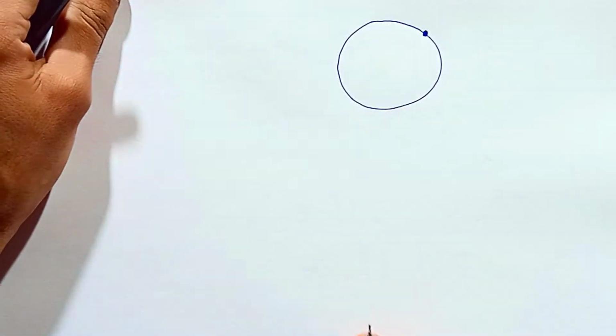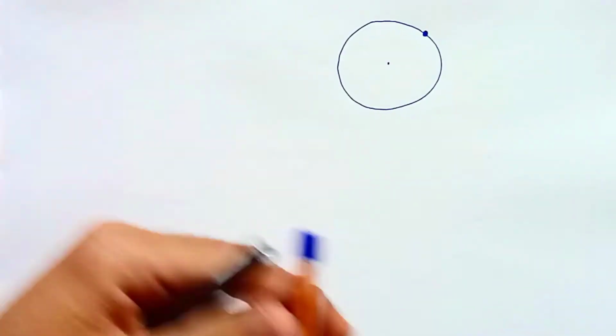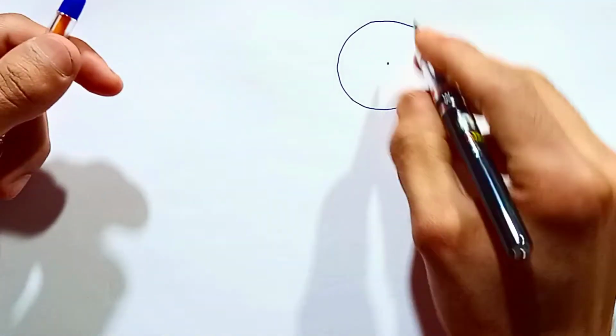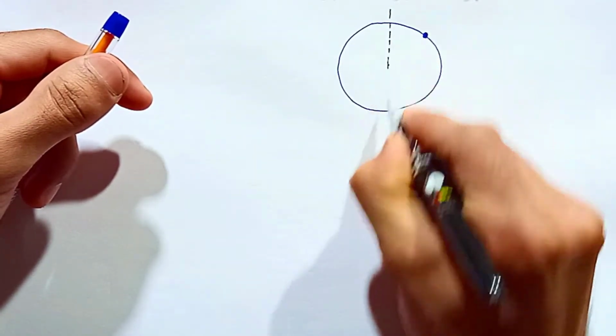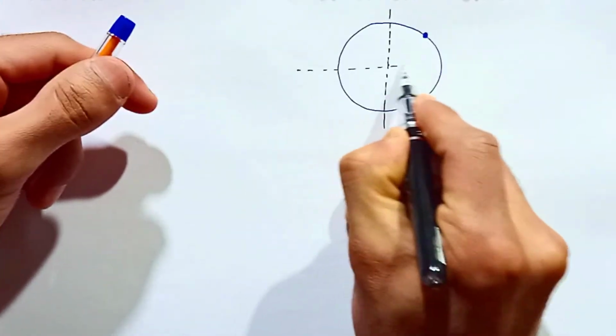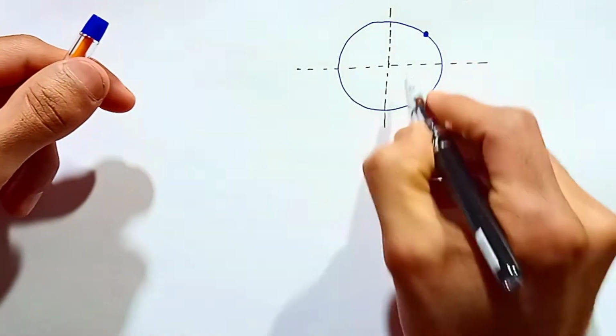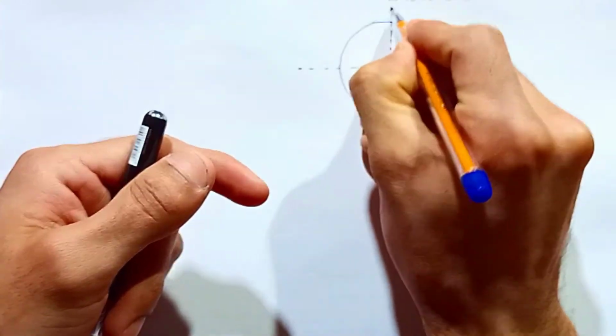Say, for example, this is the particle, and suppose at the center the Cartesian coordinate system is drawn like this, with its origin at the center of the circular path. So this is the Cartesian coordinate system and this is the origin of it. This is the x-axis and this is the y-axis.